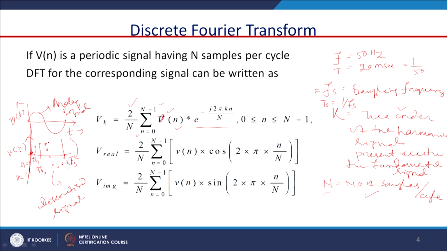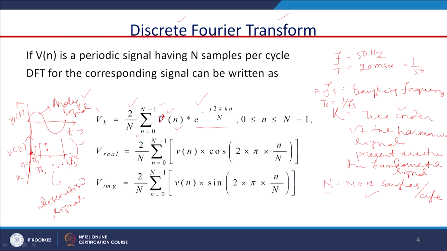That means the point here is that the sample positions should be indicated in the discrete domain, not in the continuous time domain. This is a continuous time domain signal and this is a discretized time domain signal.